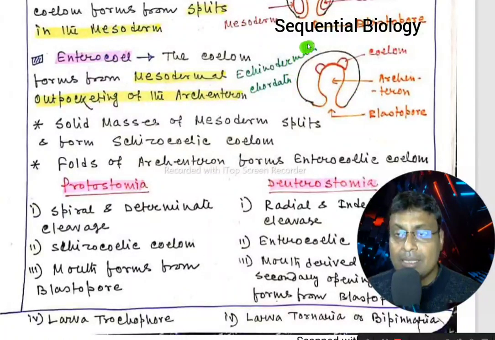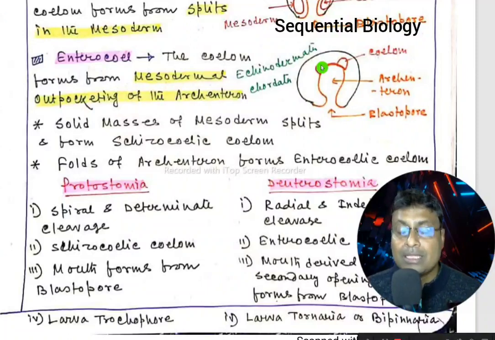Then this is the body wall, and this is the gut wall, or the primitive gut, also known as archenteron. Then what is the enterocoelic coelom? The coelom forms from the mesodermal outpocketing of the archenteron. So this is the archenteron, and you can see two outpocketings from the wall of this archenteron.